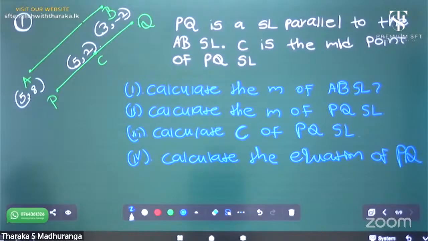Please note down the diagram first. A point coordinates 5 comma 8. B point coordinates 3 comma minus 2. C point is the PQ midpoint. C point coordinates 5 comma 2. No minus value on C point.